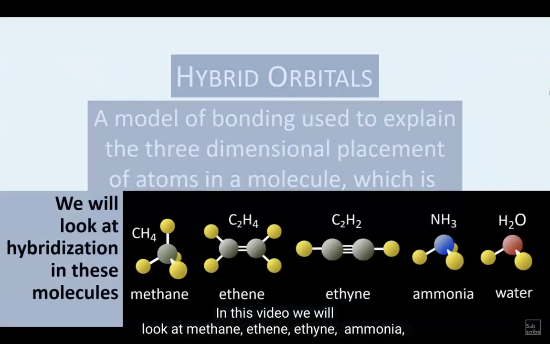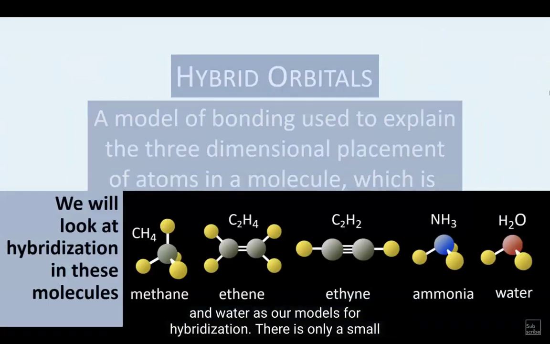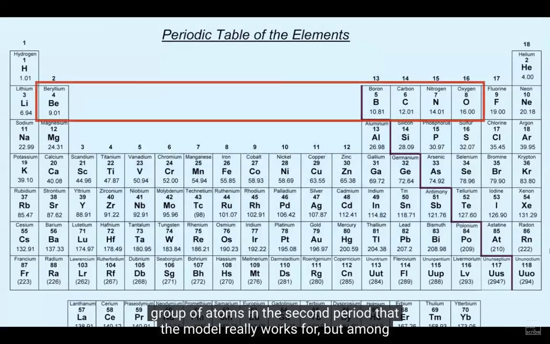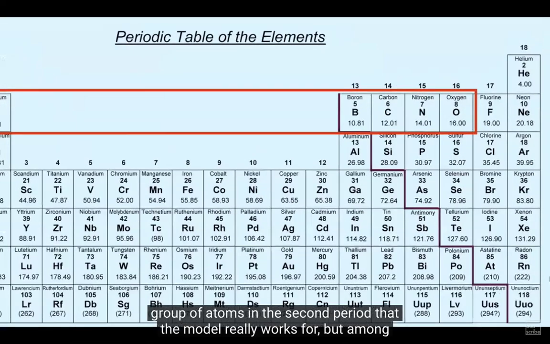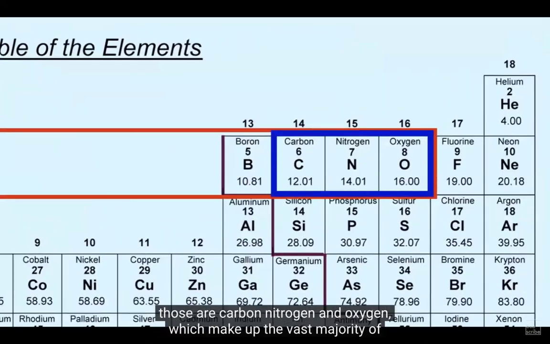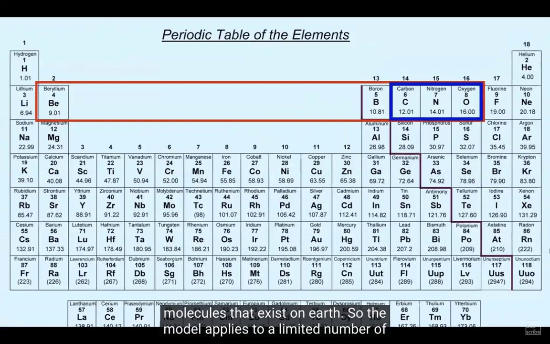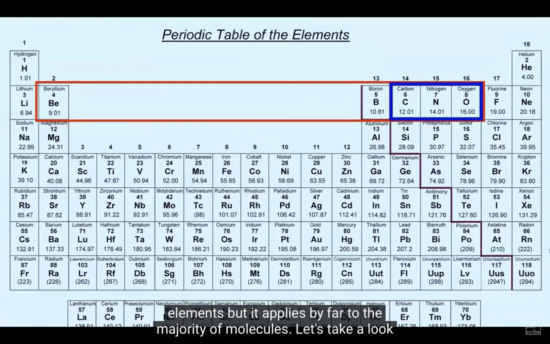In this video, we will look at methane, ethene, ethine, ammonia, and water as our models for hybridization. There is only a small group of atoms in the second period that the model really works for, but among those are carbon, nitrogen, and oxygen, which make up the vast majority of molecules that exist on Earth. So the model applies to a limited number of elements, but it applies by far to the majority of molecules.